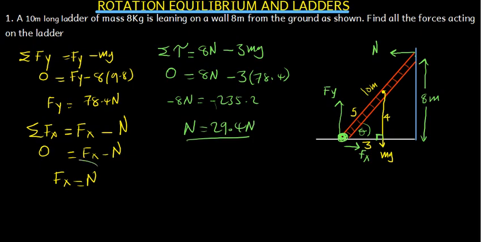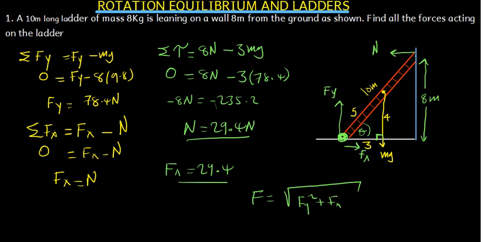Now we know that Fx is equal to the normal force. Therefore, Fx here is going to be 29.4. So these are the forces which are acting on this object. Now if we put this component and this component, they are going to give us a resultant which is F, which is equal to the square root of Fy squared plus Fx squared.